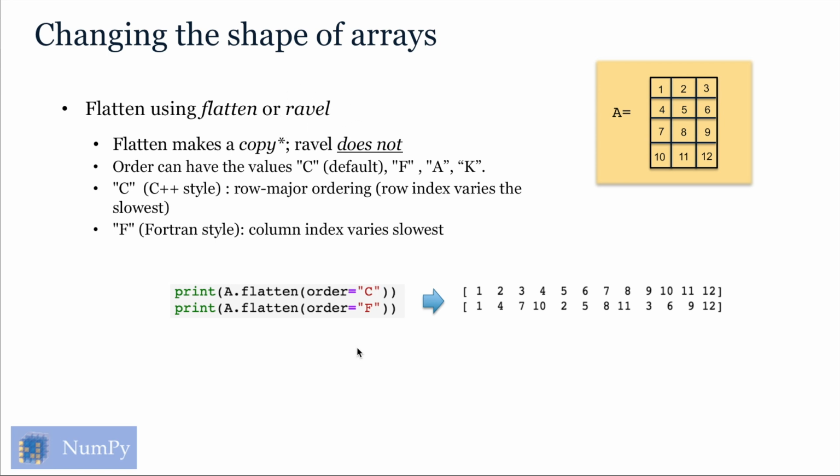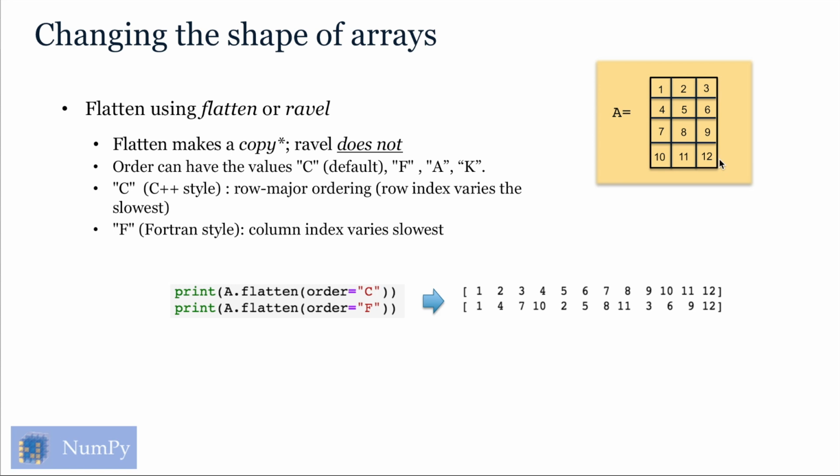They take the argument order. This controls how the array is unraveled, such that C means to flatten the array in the same way as would be performed using C or C++ in row major ordering, such that when you unravel the array, it goes 1, 2, 3, 4, 5, 6, 7, 8, 9, 10, 11, 12.